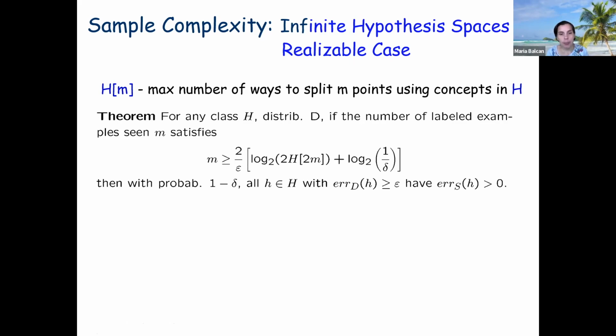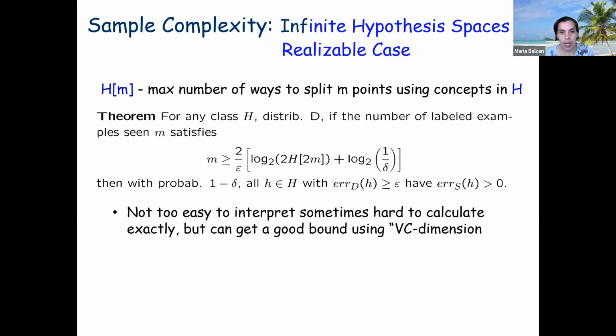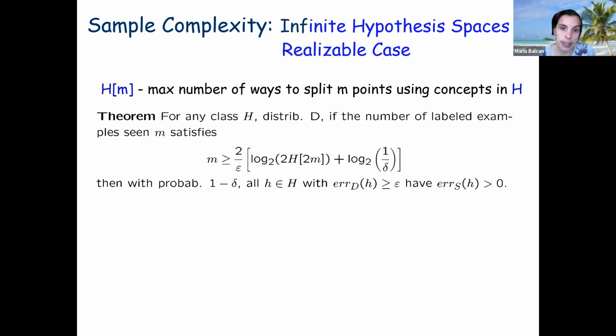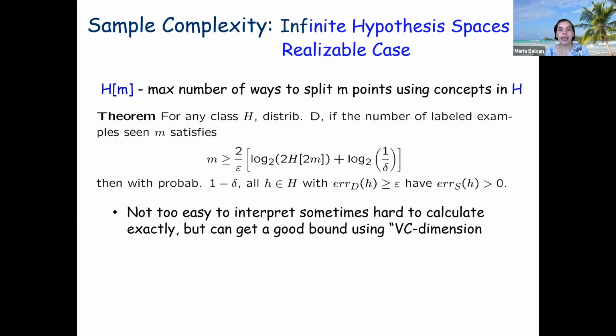Now the proof of this statement is again non-trivial and involves two probabilistic tricks, a double sample argument and a Rademacher argument. So I don't have time to go through it, but it's a very interesting proof there.